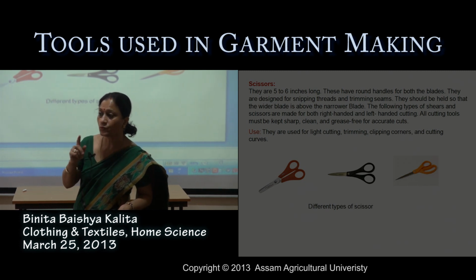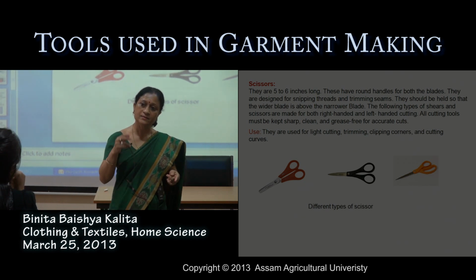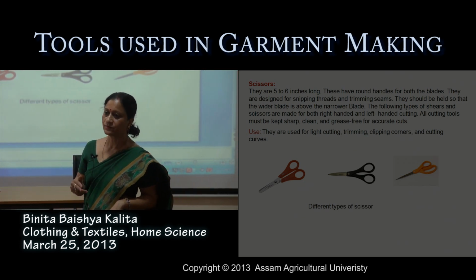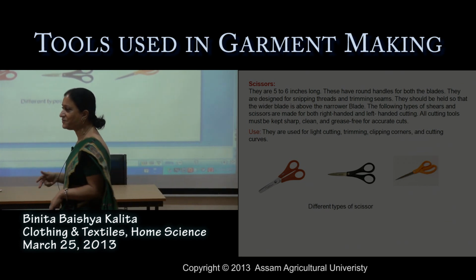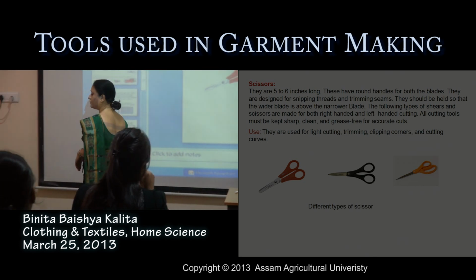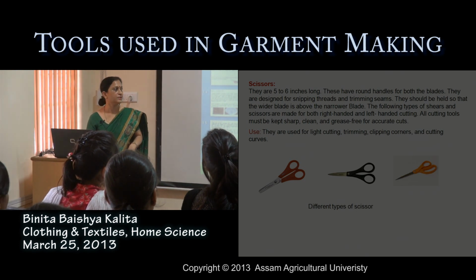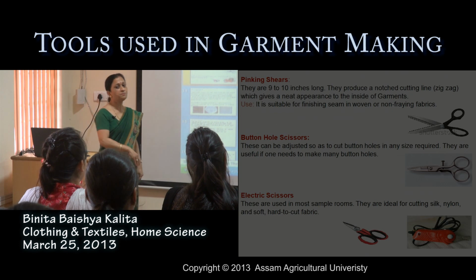If you make a round seam, you have to clip the seam, or give the slit. So these are not only used for trimming or cutting, but also for clipping. Then pinking shears.